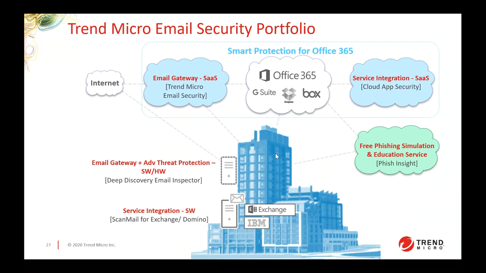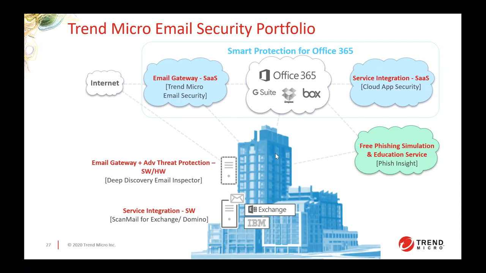In addition to that, we have Deep Discovery Email Inspector. This box has custom sandboxing. You can load customized Windows images of the user into the box. It will inspect all the targeted attacks coming to your enterprise, and is used for sandboxing purposes.